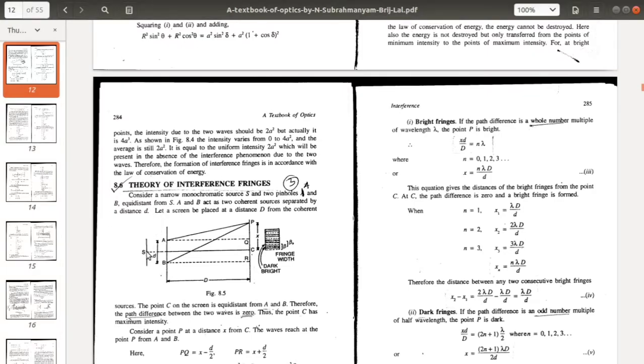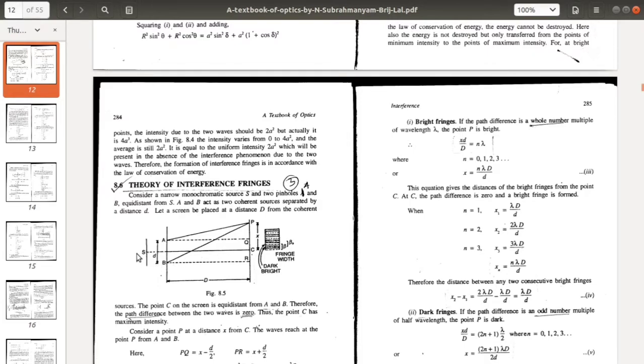Here S is the source, and we have made two slits A and B, and the source of light is placed behind these slits. The light passes through these slits, so that we get two monochromatic sources A and B, and the fringe patterns are observed on this screen. C is the central point.